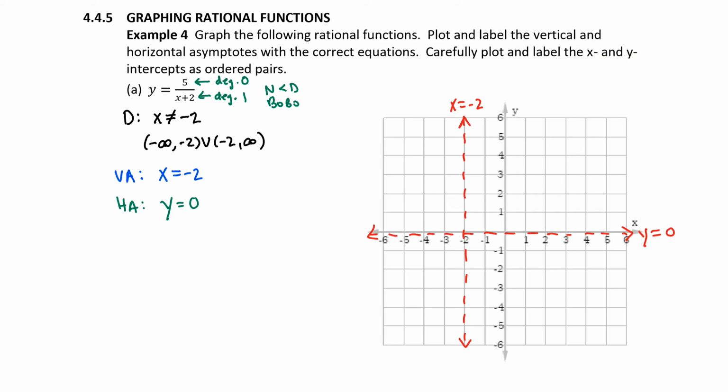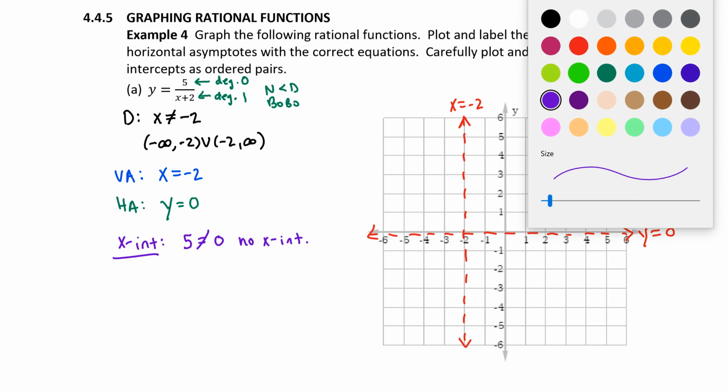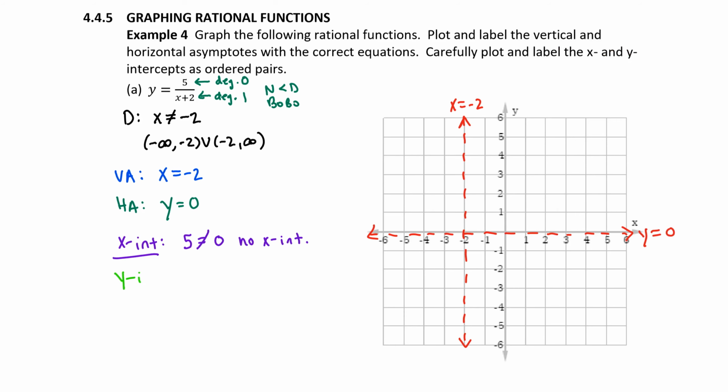Next, we will find our X-intercepts. Remember, the shortcut for finding the X-intercept is to set the numerator equal to 0. But in this case, when we set the numerator equal to 0, we get a contradiction. So this means there is no X-intercept. And finally, to find our Y-intercept, we are going to set x equal to 0.